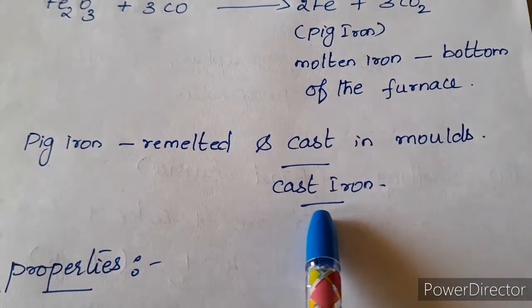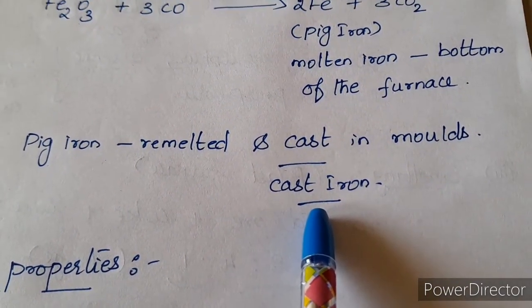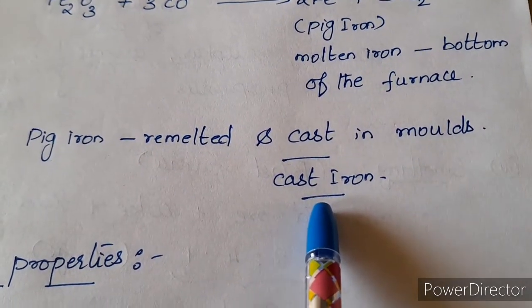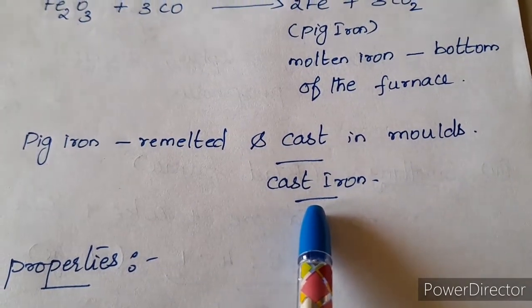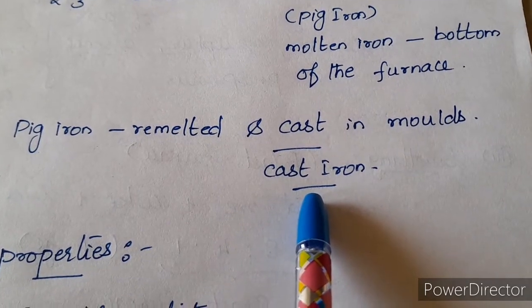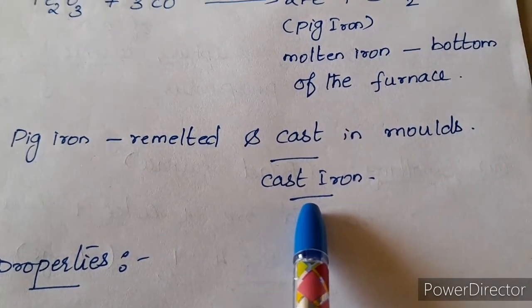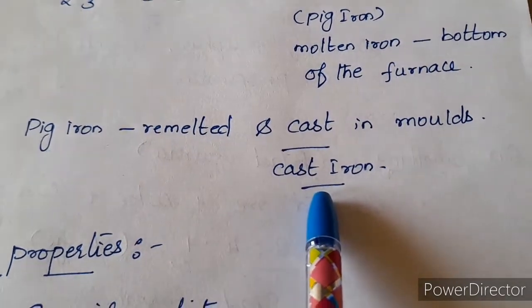So the extraction of the iron consists of the smelting process, which is a very important process, and this consists of three regions: the lower region, middle region and the upper region. The reactions that come under these regions are very important, and this smelting process alone can be asked in the 7-mark question, children. So see to it that you memorize these reactions and write this once in your classwork.